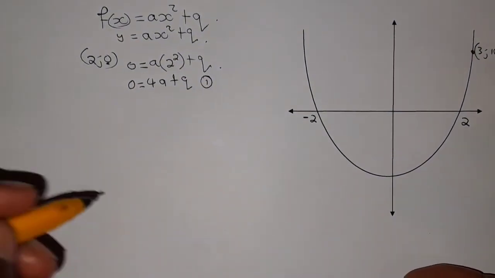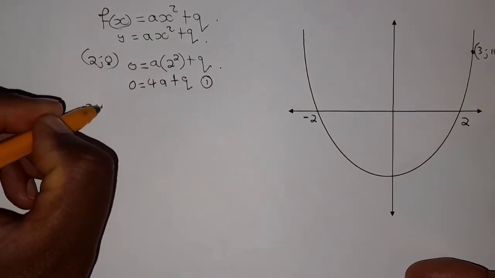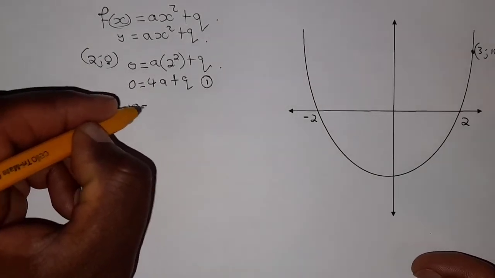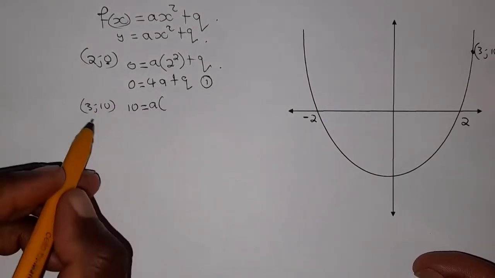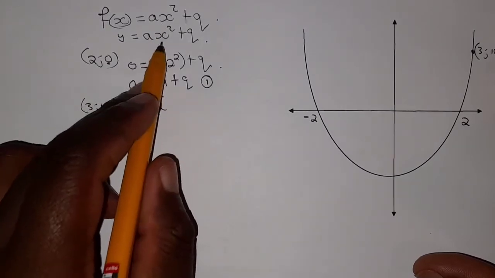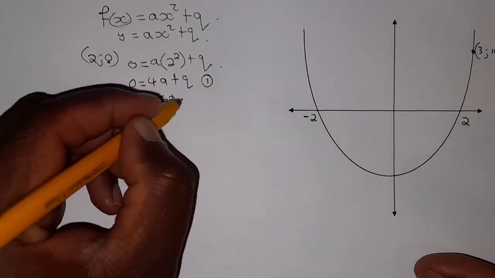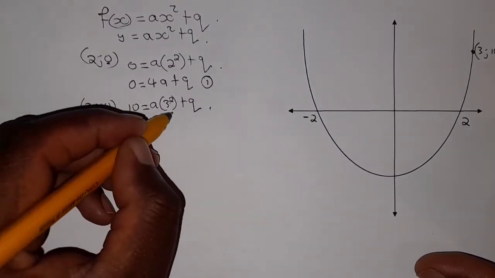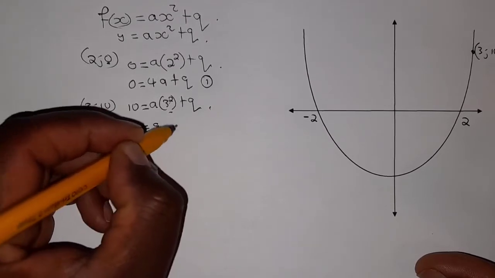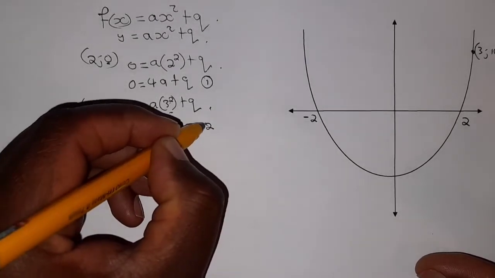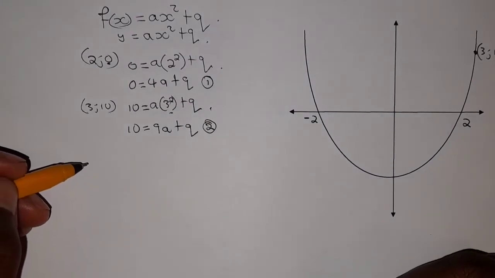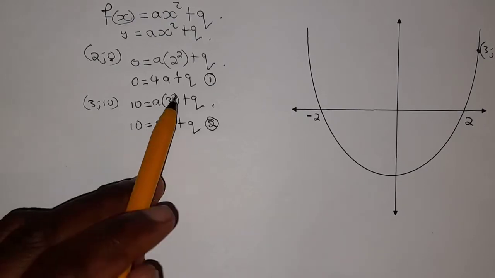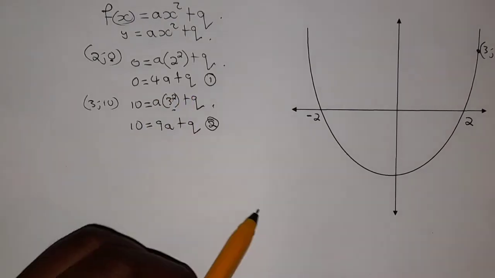And then now I want to substitute this one, 3 comma 10. My y is 10, so 10 is equal to a bracket, my x is 3, so 3 squared plus q. So 10 is equal to, this is 9, so it's 9a plus q. That's my second equation. So I've got two variables, a and q.